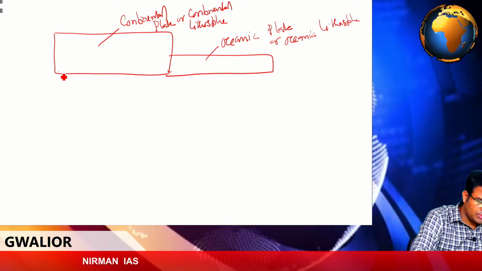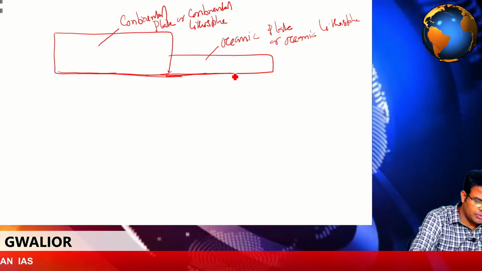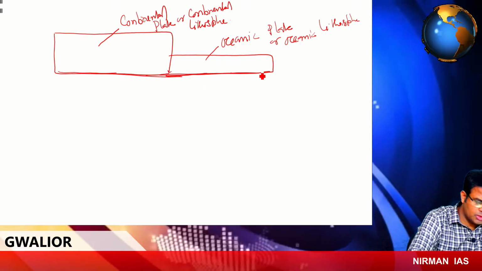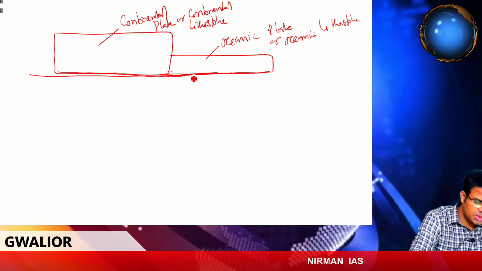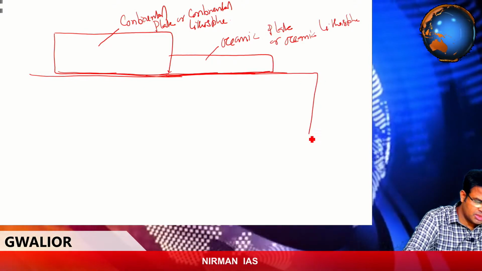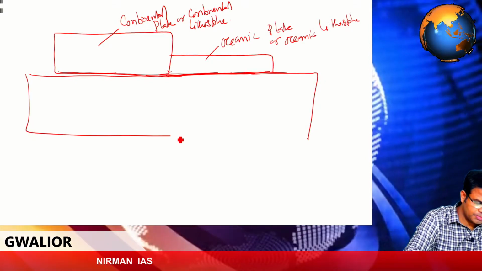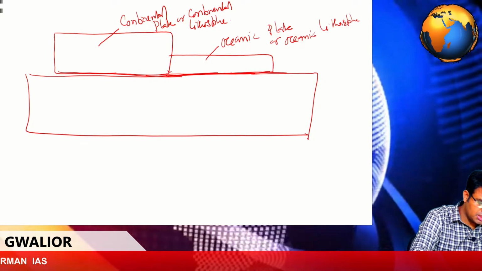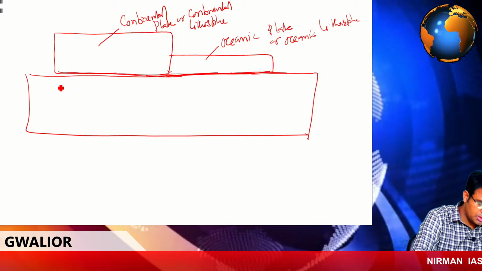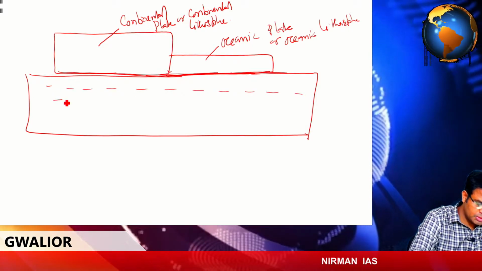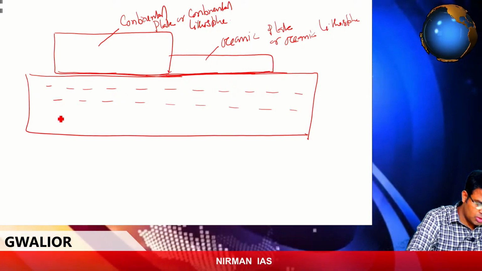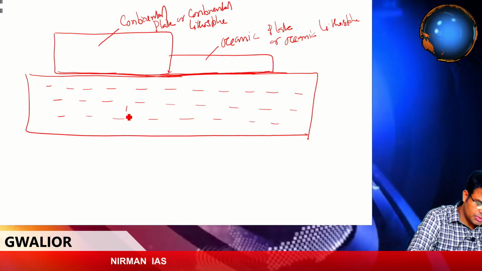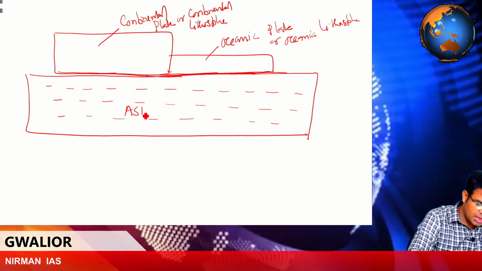These two different types of plates are floating over the asthenosphere, the partially molten asthenosphere.